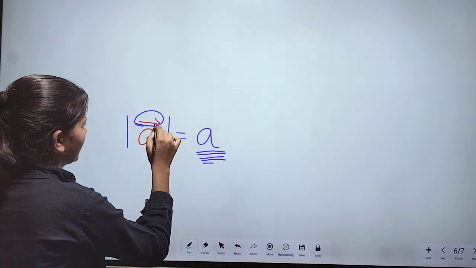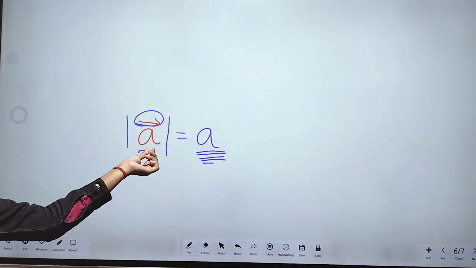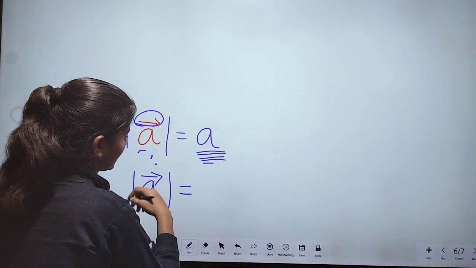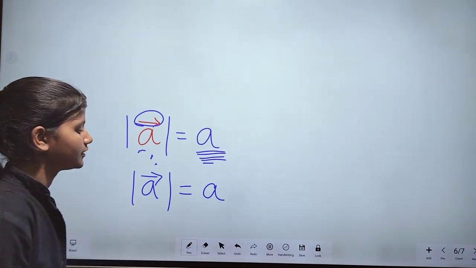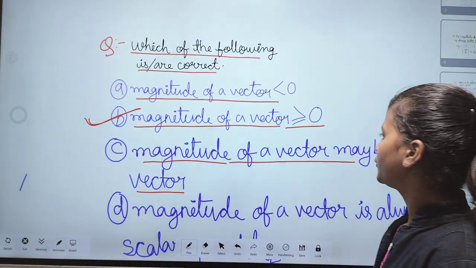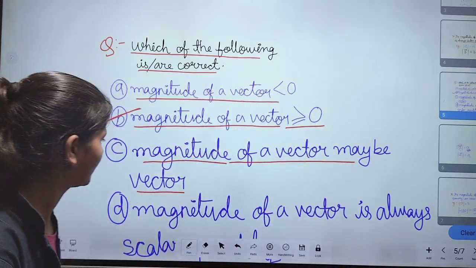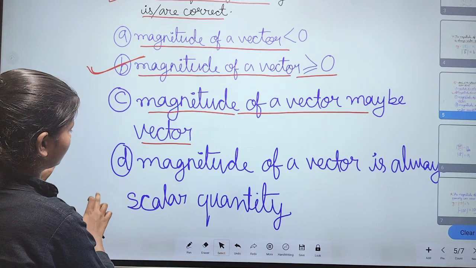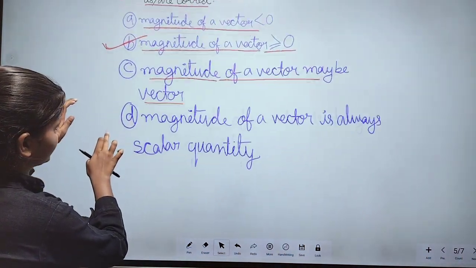The arrow shows that this is a vector quantity, but if we put modulus, then the arrow is removed. So the magnitude of a vector may be a vector? No, it is always a scalar quantity.